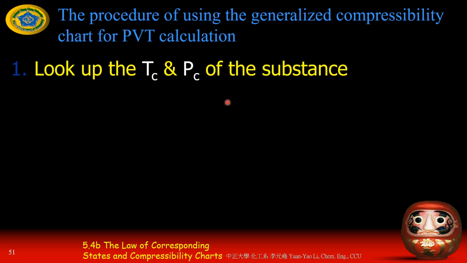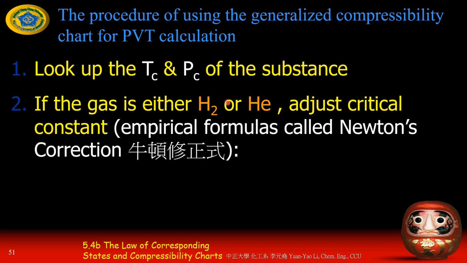And then this is important: if the gas is either hydrogen or helium, these two are very small and light atoms, so you need to adjust the critical constants. This is called Newton's correction.